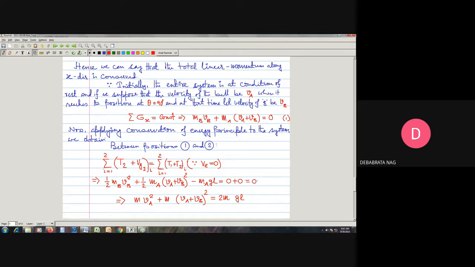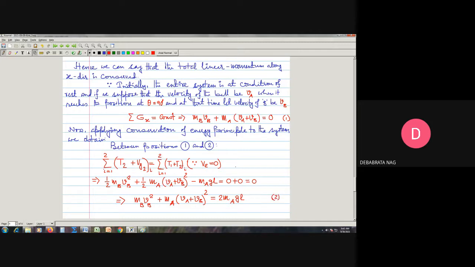So this side should be equal to 0. We can therefore write from the above equation that m_B v_B squared plus m_A (v_A plus v_B) squared is going to be equal to 2 m_A g l. So this is now going to be my second equation.